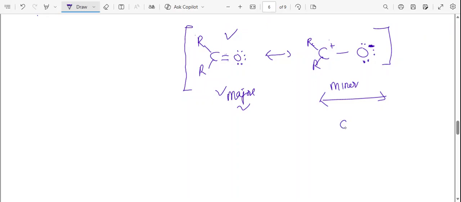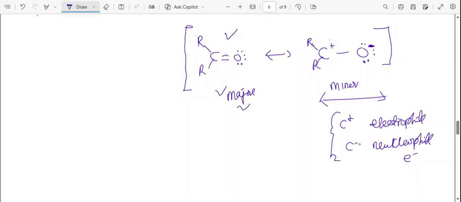So when the carbon is positively charged, it acts as an electrophile, like it is loving electrons to cancel that positive. So it's called an electrophile. When this carbon is negatively charged, it is called a nucleophile. It means it's rich in electrons. So that's what we mean. When carbon is partial positive, it's lacking electrons. Partial negative, it has electrons that it can give. All right, so that's what we mean.